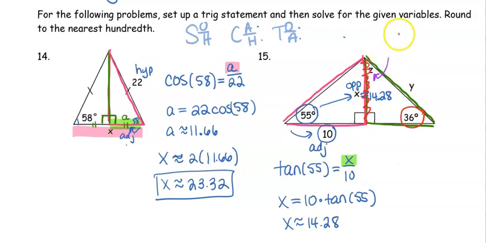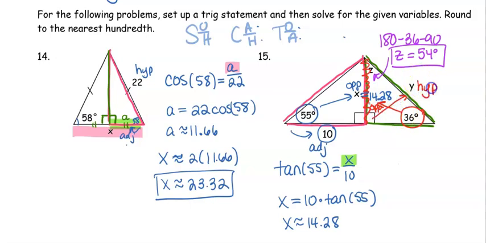Z is a missing angle. We know that we can do our triangle sum theorem, 180 minus 36 minus 90, to find that our missing angle Z is 54. So just finding that missing angle in our triangle. But to find Y, I need to use this piece. This piece is opposite. Y is the hypotenuse. O and H is that sine. So sine of 36 is equal to 14.28 over Y. Now this time our variable is on the bottom, so we are dividing.